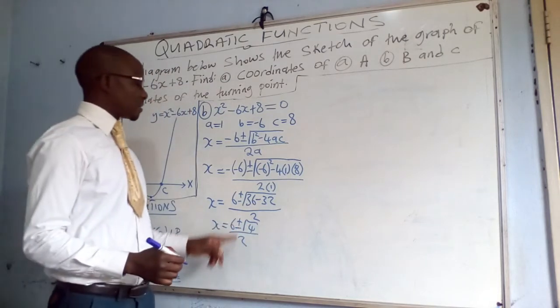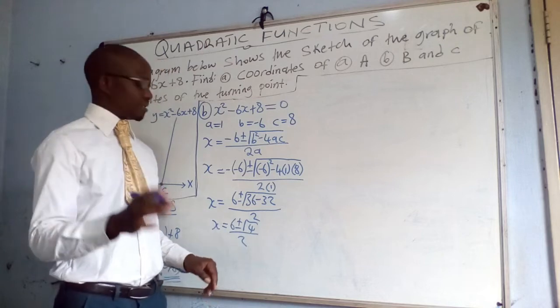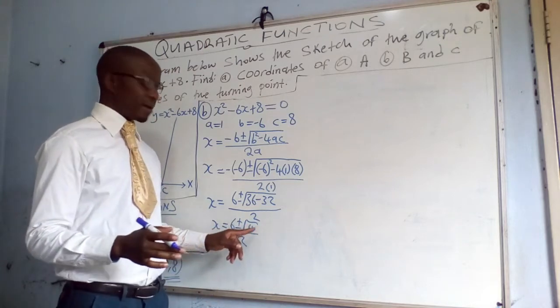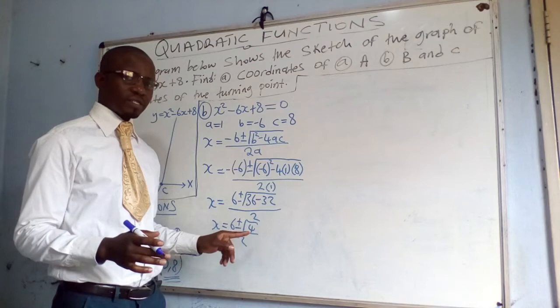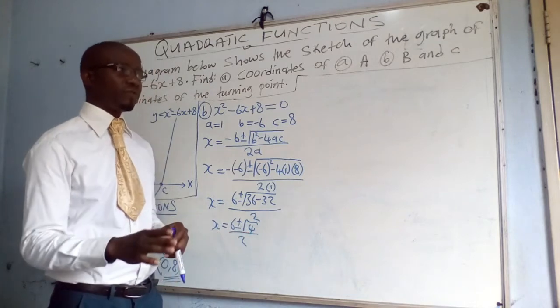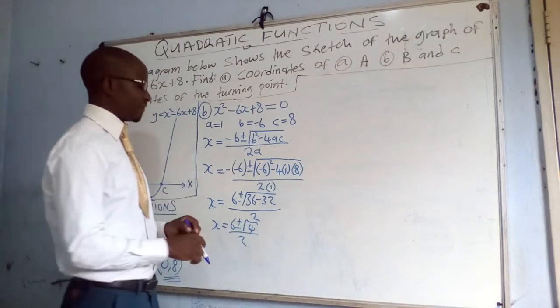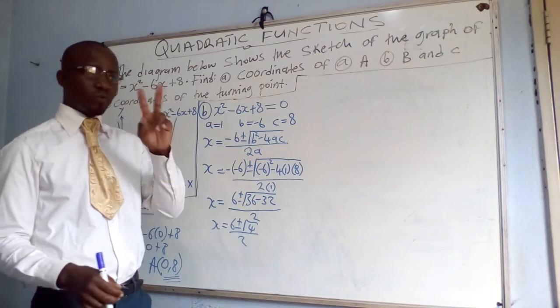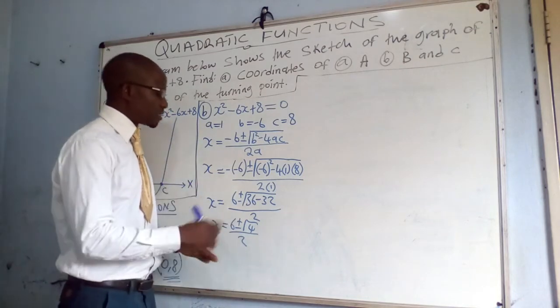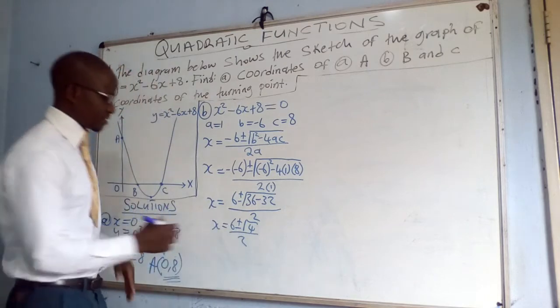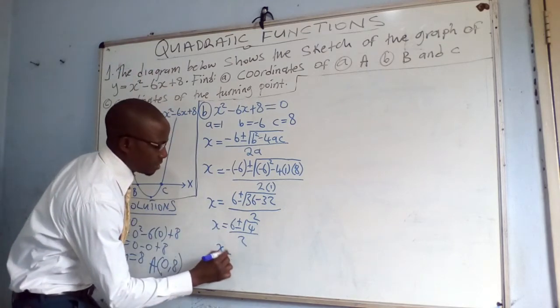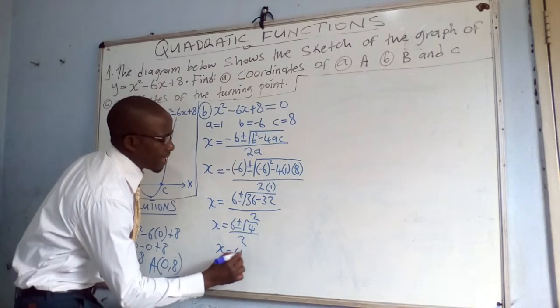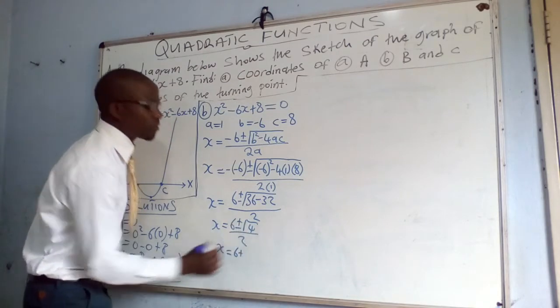Why do we have plus or minus there? It means that the square root of any number coming out of that root is going to be a positive or can also be a negative number. Hence we have plus or minus, meaning we have to work out two answers using respective mathematical operations. So we have x is equal to 6 plus, what is the square root of 4?